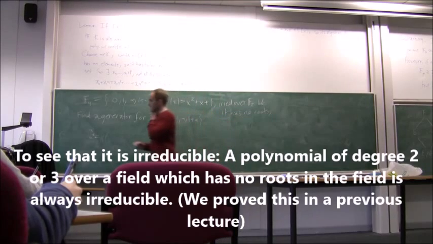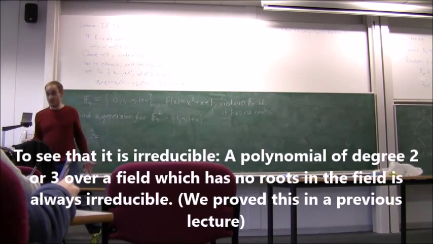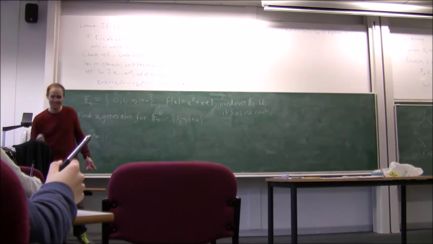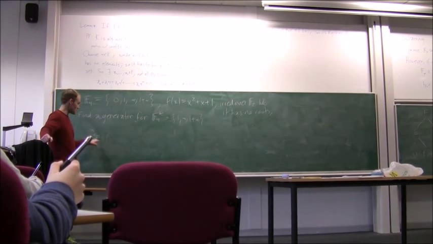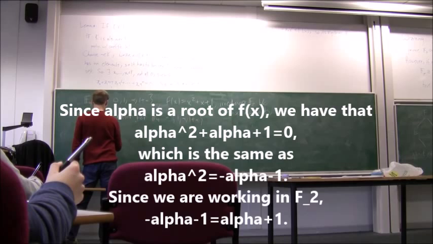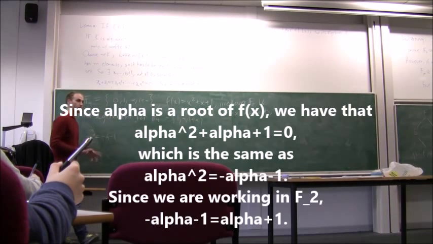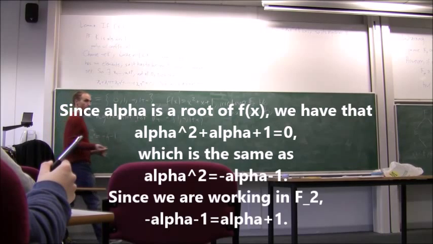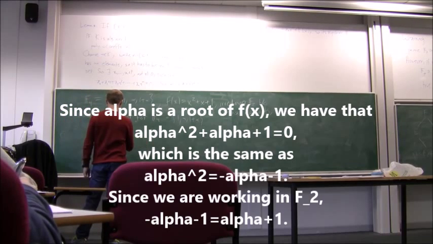Okay? As soon as I wrote down alpha squared, I was thinking, what am I going to do next? What's alpha squared? If alpha is a root of f, then alpha squared is minus alpha minus 1. But since I'm working in F2, minus 1 is the same as plus 1. If it's not 0, then it's 1.